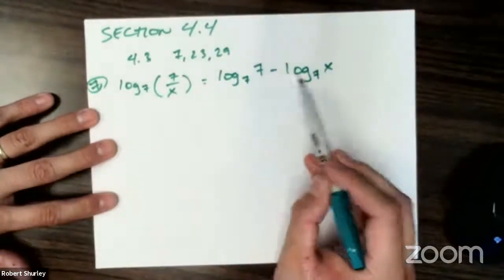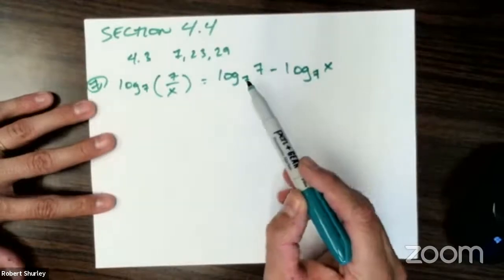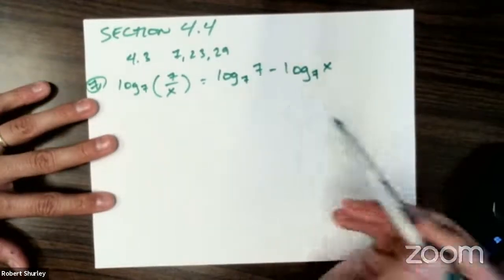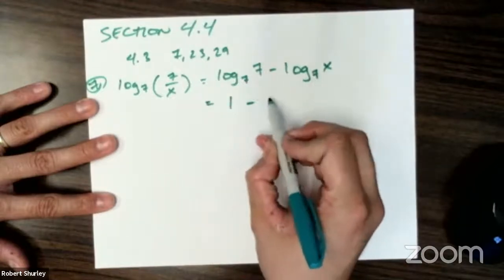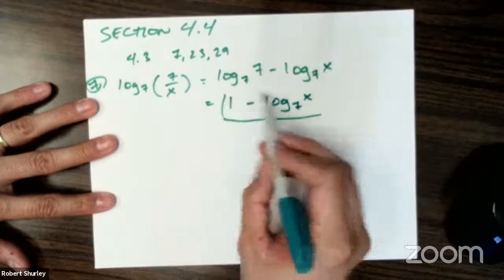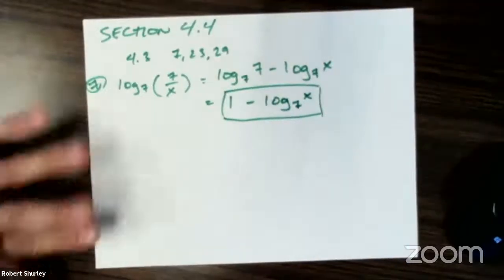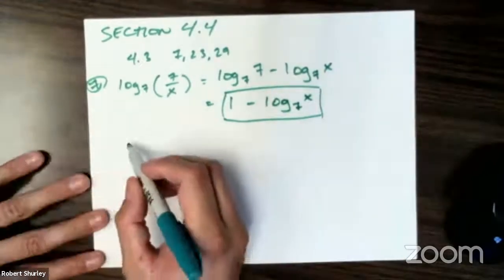Then I'm going to look at both of these and say, can I simplify them? The log base 7 of 7, that was one of those basic rules from 4.2, is just a 1. Minus, I can't do anything with that second one because the bases don't match up. 7 and x are two different numbers.